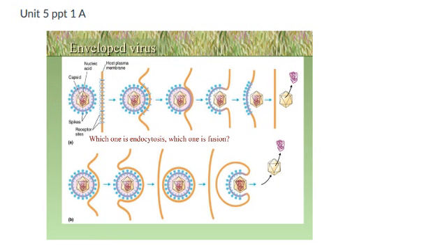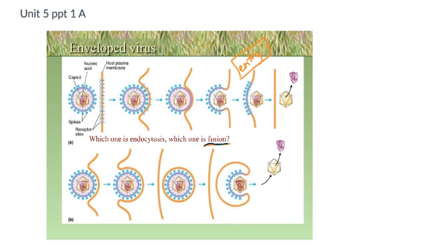Couple things to keep in mind. There are 2 different ways that viruses can get into cells. There are 2 different processes, and this is when we start talking about entry or penetration.